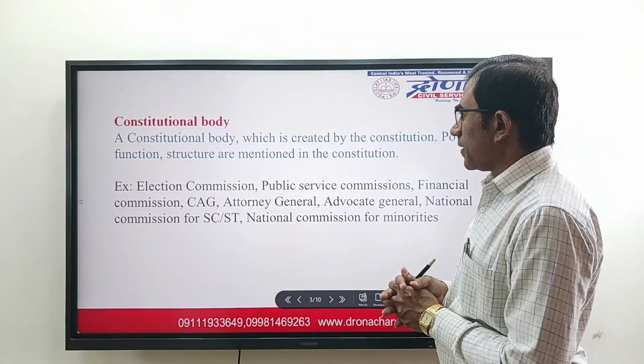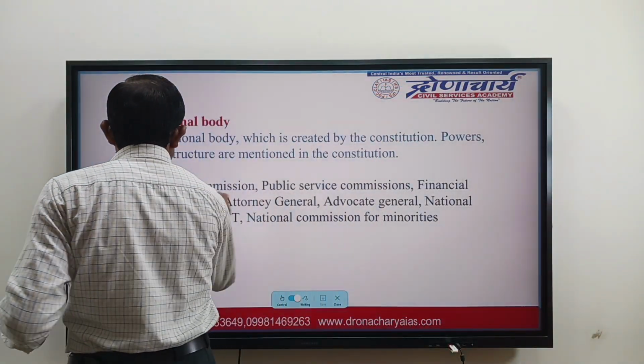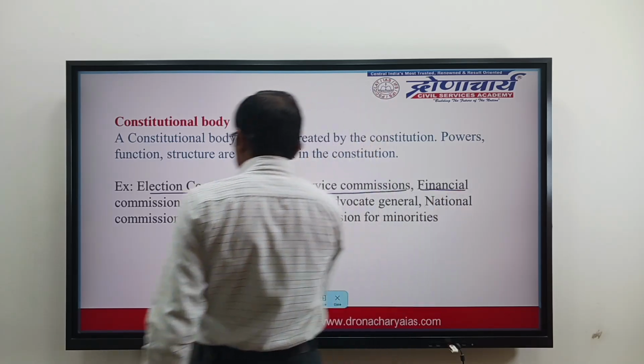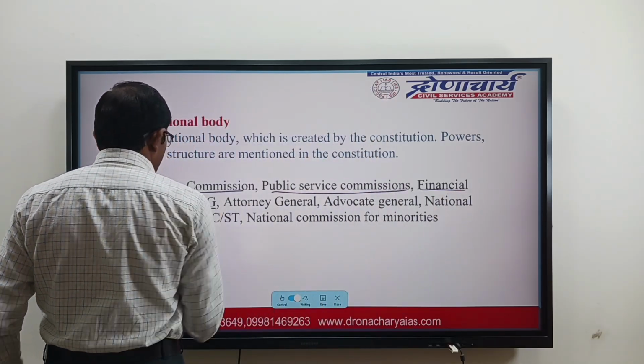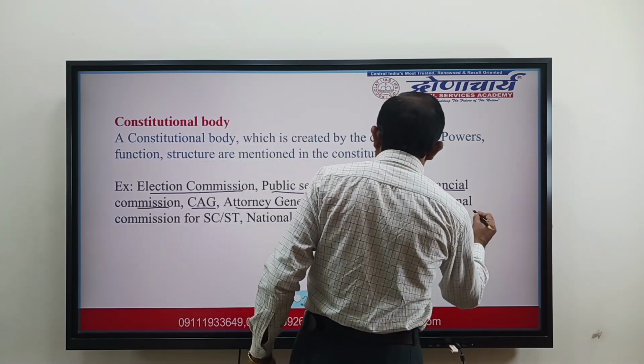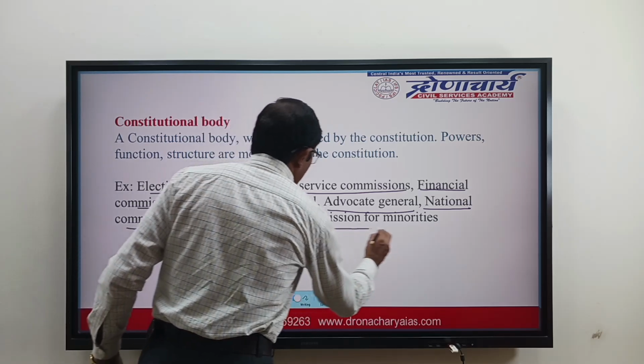For example, the Election Commission, Public Service Commission, Finance Commission, Comptroller and Auditor General, Attorney General, Advocate General, National Commission for Scheduled Castes and Scheduled Tribes, National Commission for Minorities.